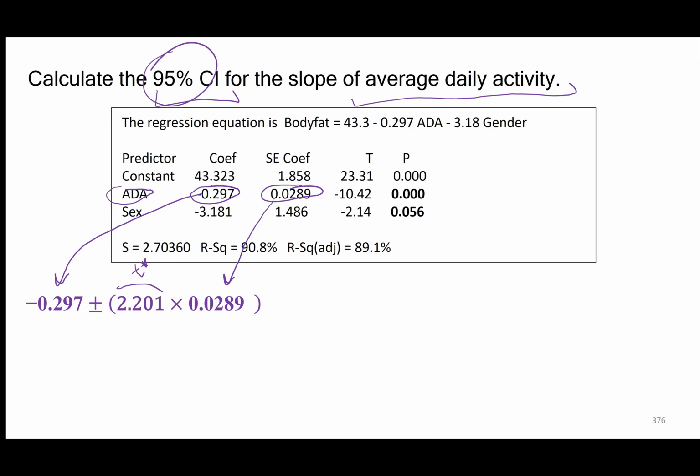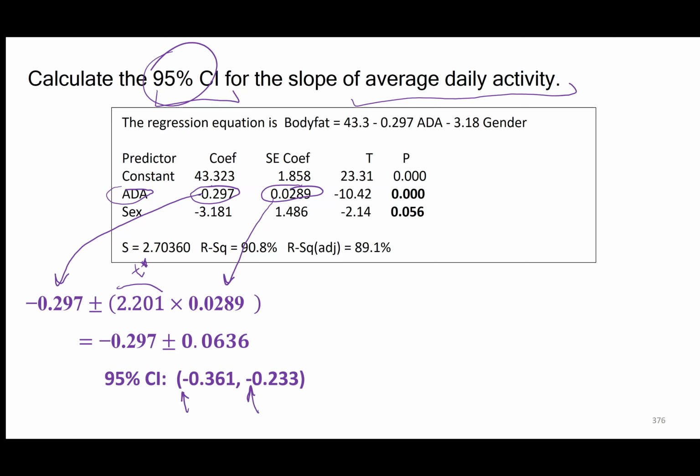Things will go sideways very quickly if you don't do multiplication first. After that, do your adding and subtracting. We end up getting a 95% confidence interval of negative 0.361 to negative 0.233.